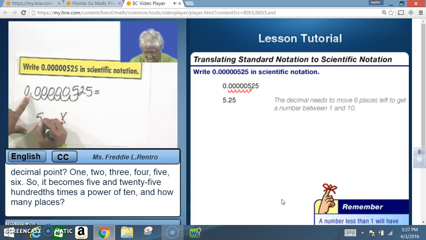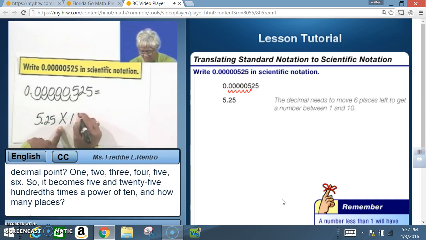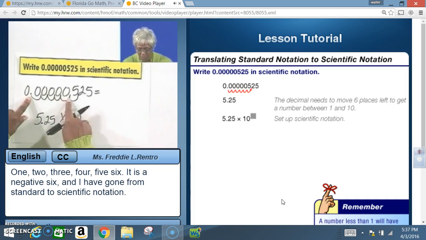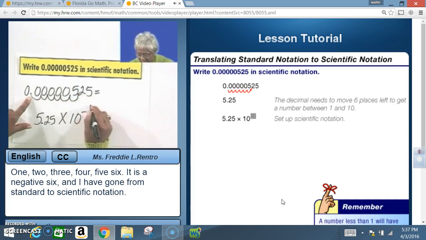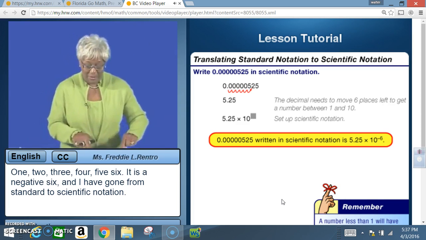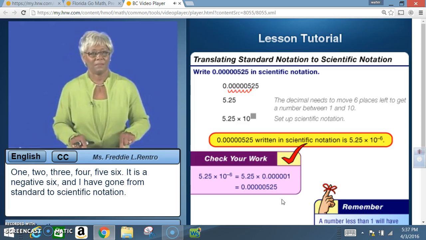So it becomes 5 and 25 hundredths times a power of 10. And how many places? 1, 2, 3, 4, 5, 6. It's a negative 6. And now I have gone from standard to scientific.